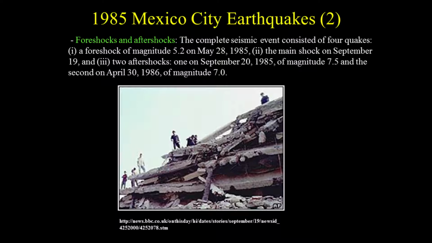The epicenters were located off the Mexican Pacific coast, more than 350 kilometers away. But due to the strength of the quake and the fact that Mexico City sits on an old lake bed, it suffered major damage, and about 10,000 people died.